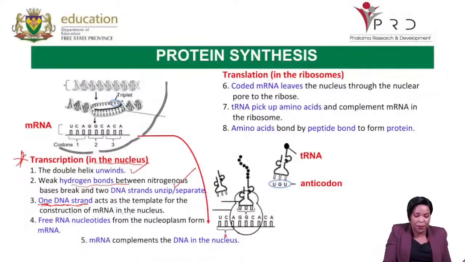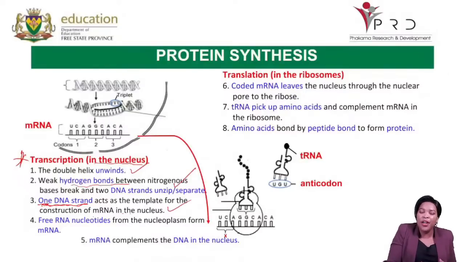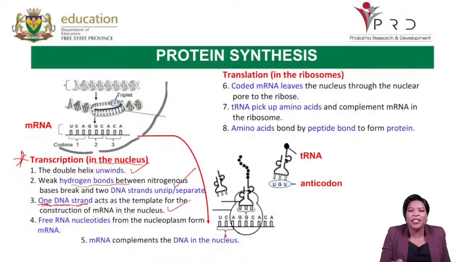Remember when we were doing DNA replication, we said 2 strands act as a template. So for transcription, pay attention, it's only 1 strand that is going to act as a template for the construction of mRNA.